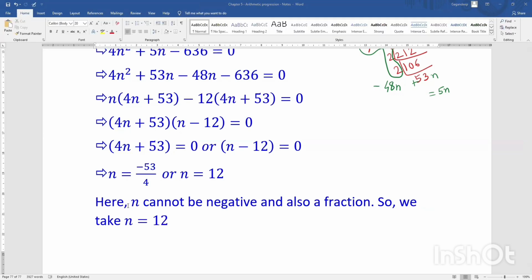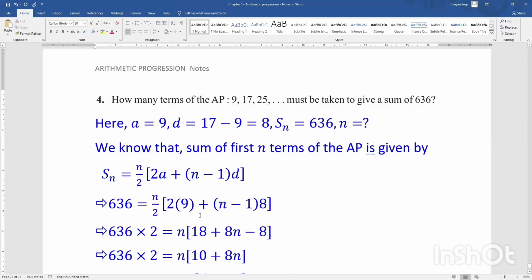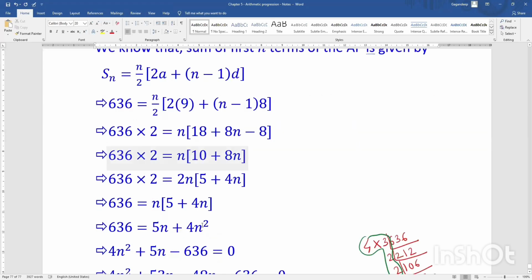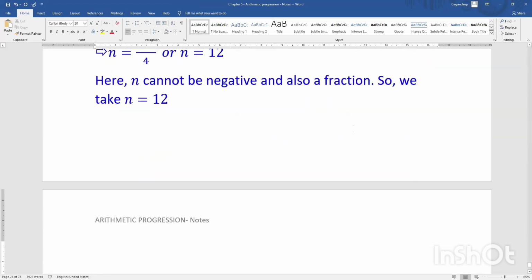Okay, that's it, the answer. So the number of terms to be taken is 12. Okay, then I move on to the next question.